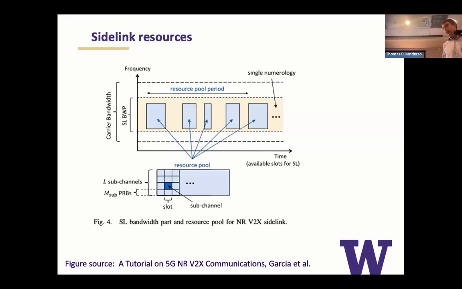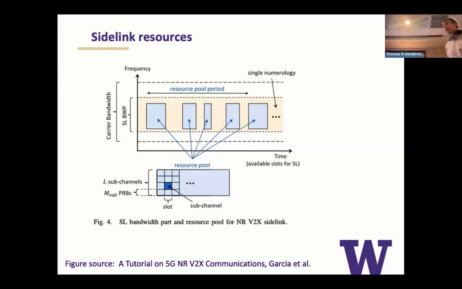And the standard allows the definition of the number of physical resource blocks that are associated with what's called a subchannel. The subchannel is the smallest unit of granularity that's scheduled upon in a sidelink network. So scheduling does not occur on a PRB boundary, but instead on a subchannel, whatever's configured for that particular resource pool.